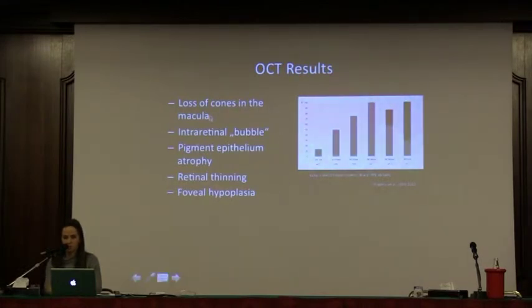These changes occur in different percentage, and if we take a look at this study, we can see that in very young children, or even the first 2-3 decades, or 4 decades, we only see very small changes in the cone photoreceptors.